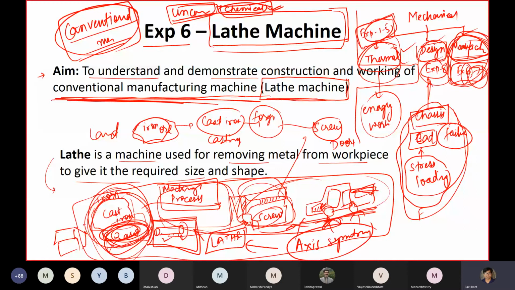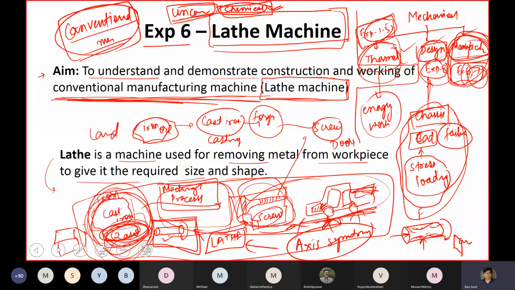Means some sort of cylindrical workpiece you will take, and then you are going to remove things to make it a screw or crankshaft or any desirable thing you want. तो essentially आपका वर्क पीस जो है इसमें रोटेट होता रहता है, एक कटिंग टूल होता है. ओके, जैसे आप एप्पल को नाइफ से काटते हैं तो एप्पल कट जाता है. आई मीन इन सम एनालॉजिक सेंस you will have a workpiece and you have a cutting tool, and this cutting tool is going to cut or remove these extra materials in order to make its shape proper or desirable shape. Okay, so this is the overview of lathe machine.